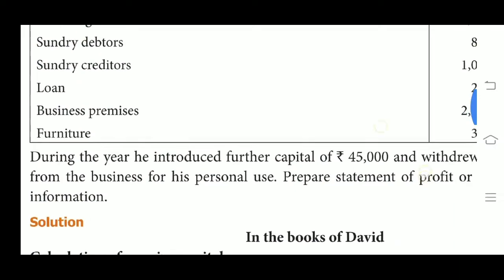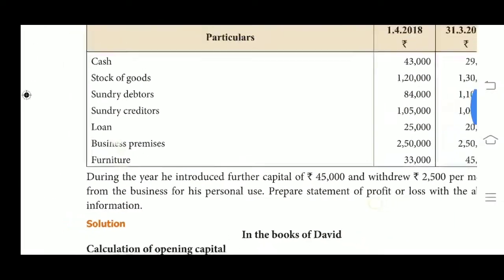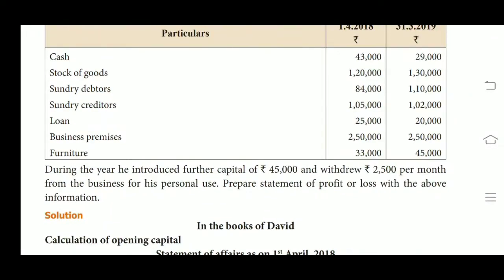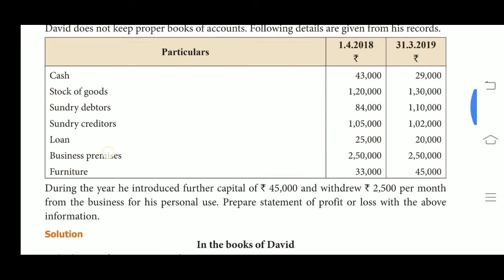During the year, he introduced further capital of rupees 45,000 and withdrew rupees 2,500 per month. So underline this word, per month. Per month means the proprietor takes some amount for personal use, which is the withdrawal. A proprietor will take 2,500 per month. So we have to find out how much he would have taken throughout the year. So 2,500 multiplied by 12.